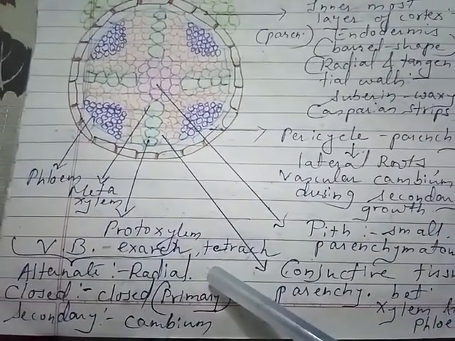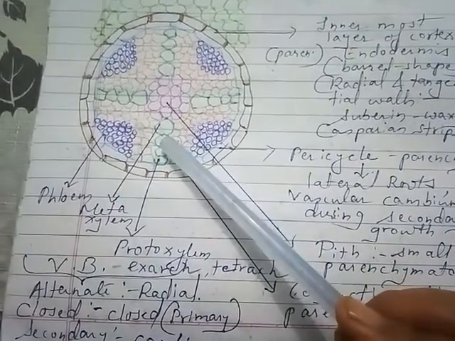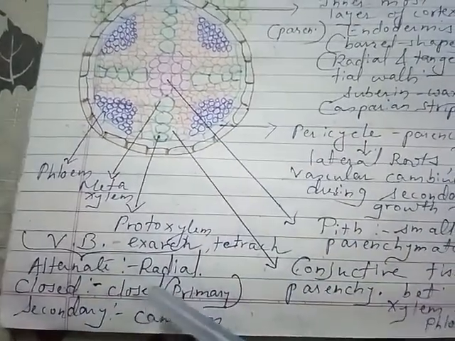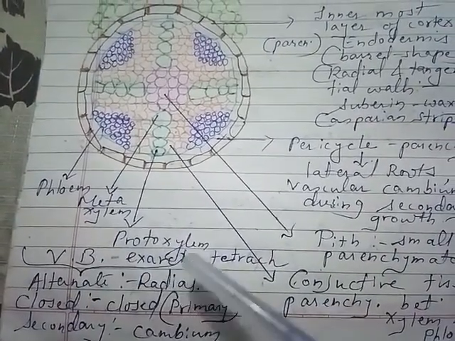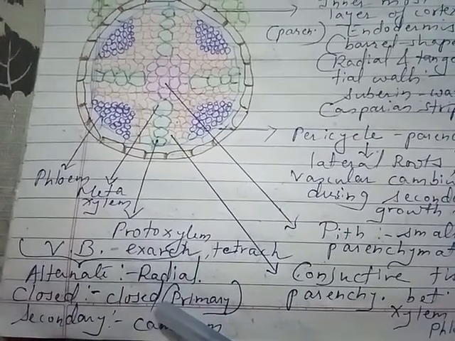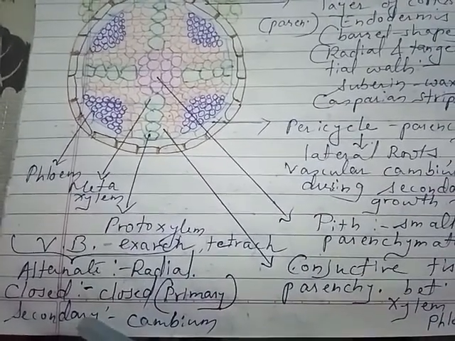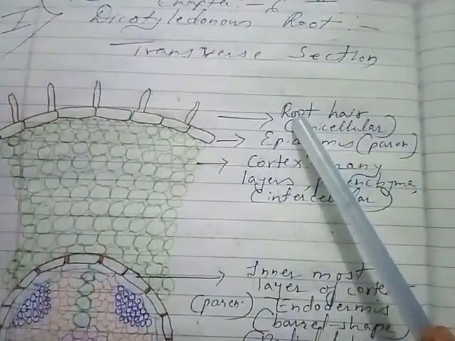So vascular bundles are said to be radial, and cambium is not present in between xylem and phloem. So it is called closed. So vascular bundles are said to be exarch, tetrarch and radial, and they are closed because cambium is absent. When secondary growth takes place, at that time cambium will be formed. So this is the section of dicot root.